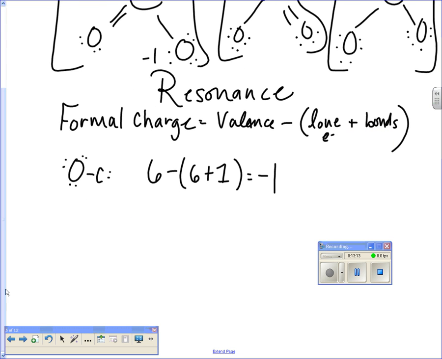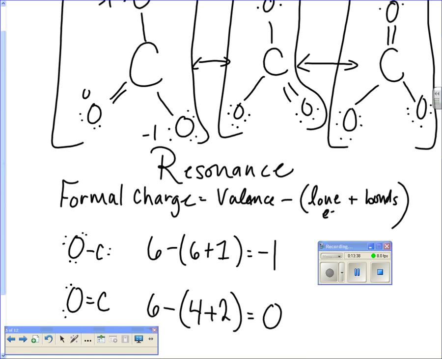Now I want to look at the oxygen with the double bond. What changes here is that I do still have a valence of 6 for oxygen, but in this case I only have 4 lone electrons, and I also have 2 bonds. Because of that, this double bonded oxygen has a formal charge of 0.